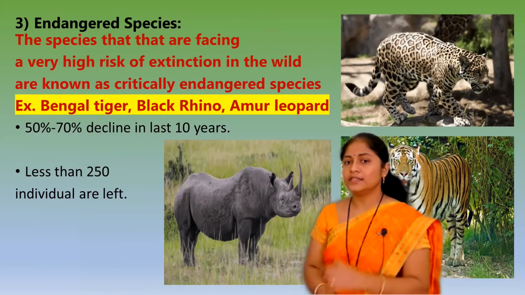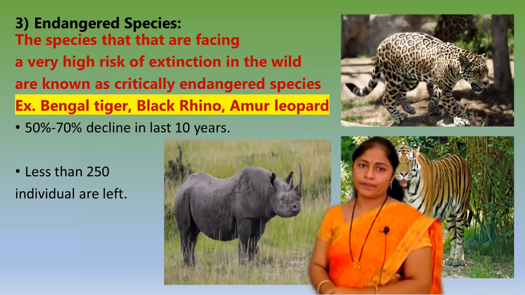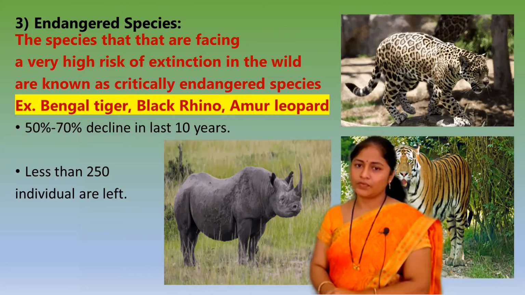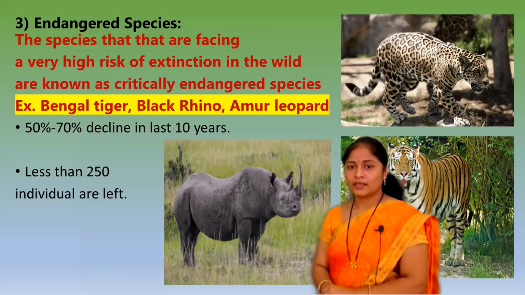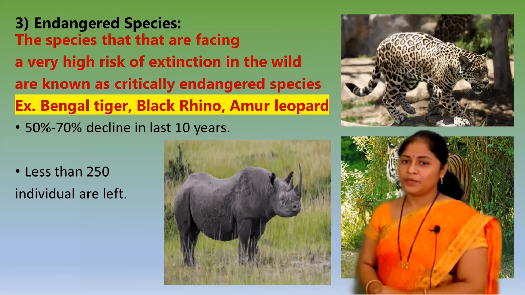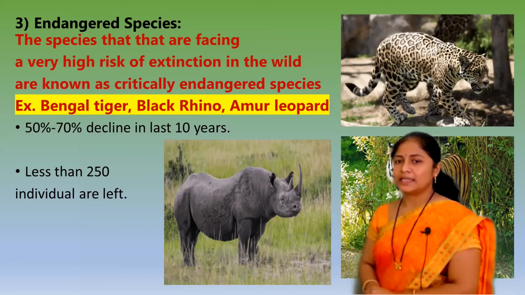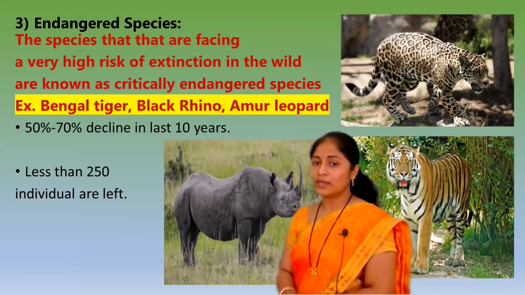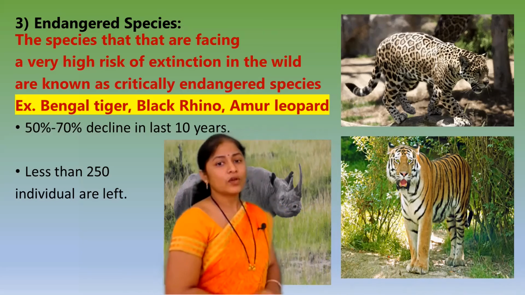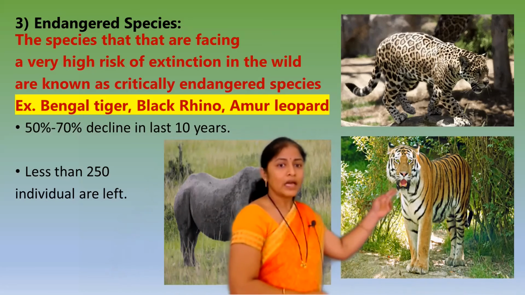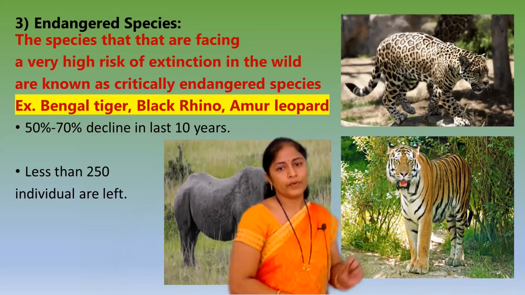Now go to the next classification of animals, that is the endangered species. After critically endangered species, this group is also facing a high risk of extinction, but their number is still greater than 50 and less than 250. So again, it is very important to conserve all these species. Examples of endangered species are the black rhino, Bengal tiger, as well as the Amur leopard.